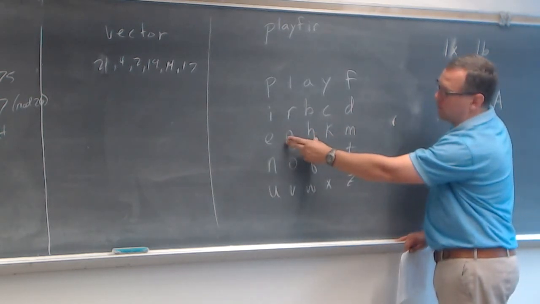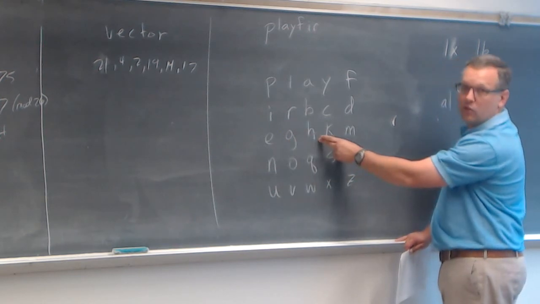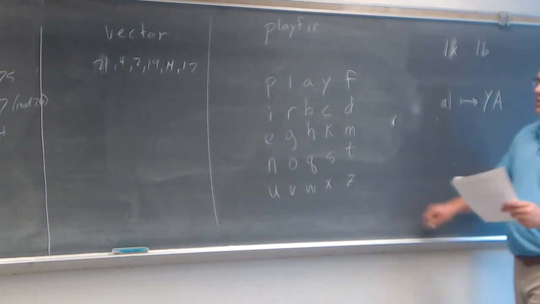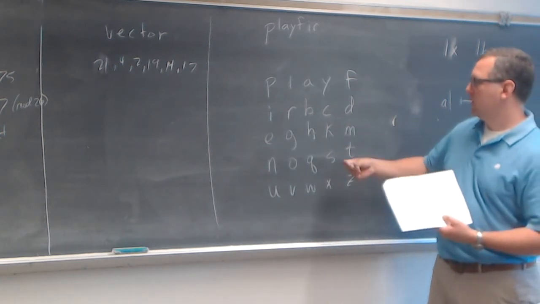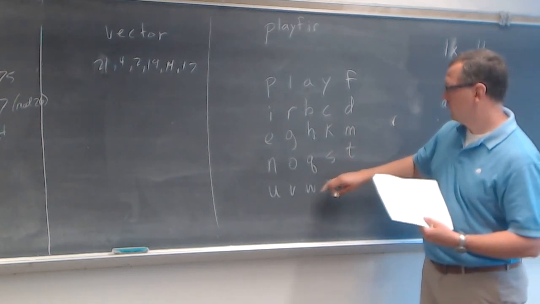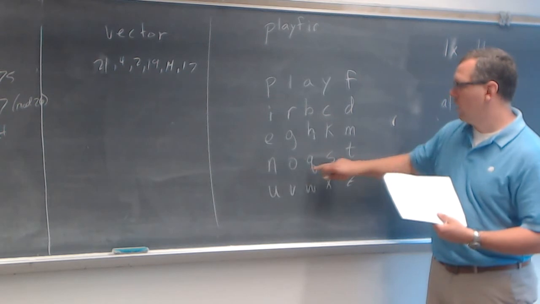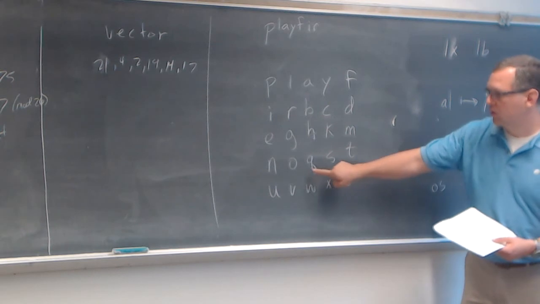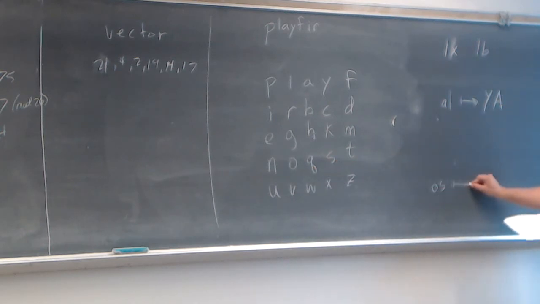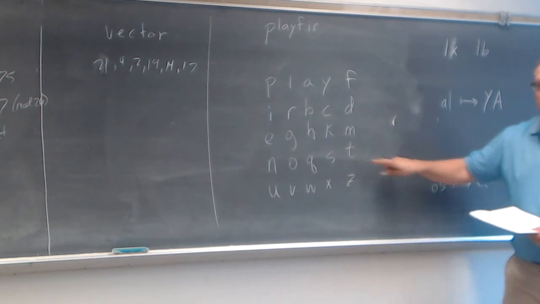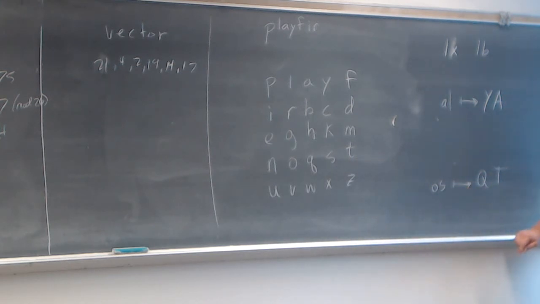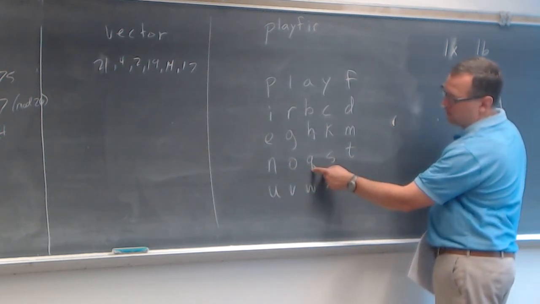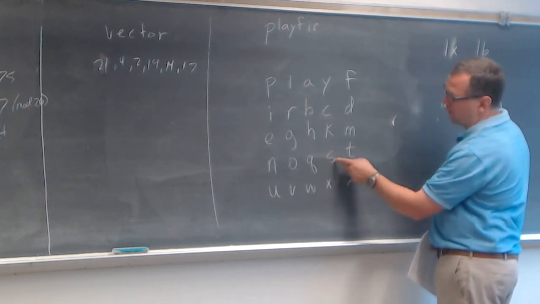Does that make sense? Another example: say OS occurred in your plain text. Those are in the same row. So O would get enciphered with Q, and S would get sent to T. You take the letter in your plain text and encode it with the letter exactly to the right.